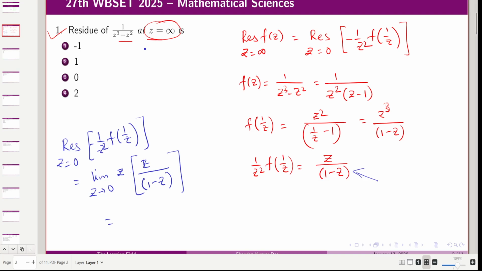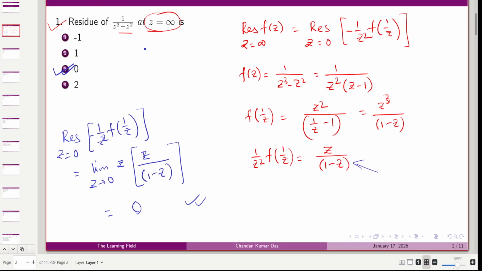So this complete limit is 0. So the residue of this is 0. That means the answer is option number 3. Did I do the question correct? I think the answer is 0. Check once if you can find any mistake. Okay, I think it's fine.